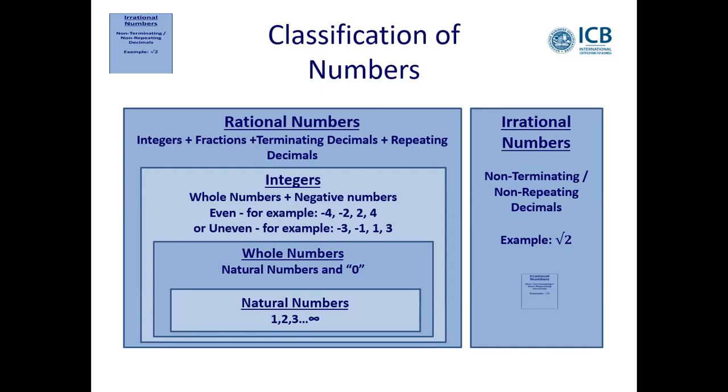Then we also have a thing there called rational numbers. Now, rational numbers include the integers, the fractions. Okay, fractions is anything over something else. We'll see that later. The terminating decimals, so 0.2, that's a terminating decimal.